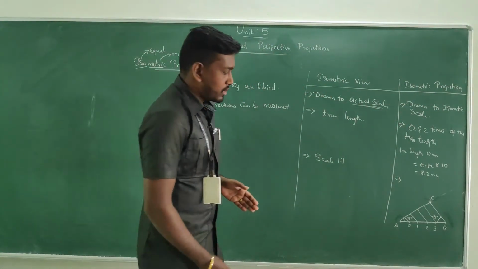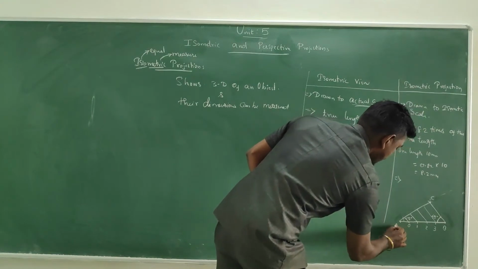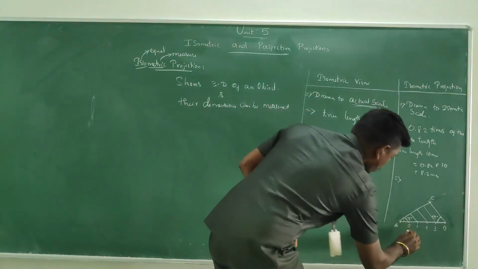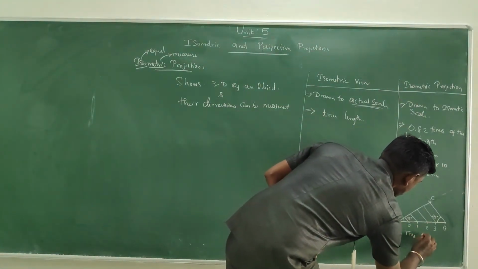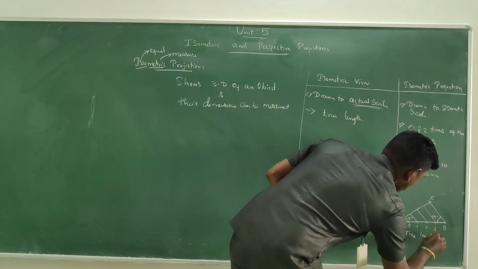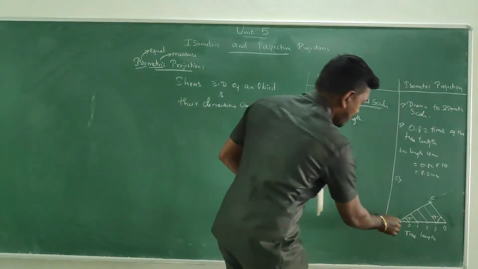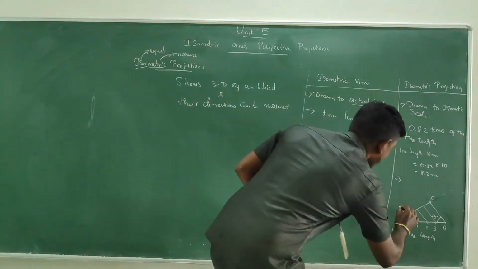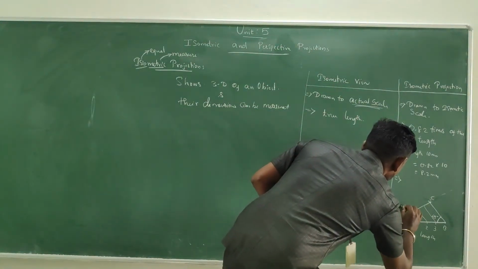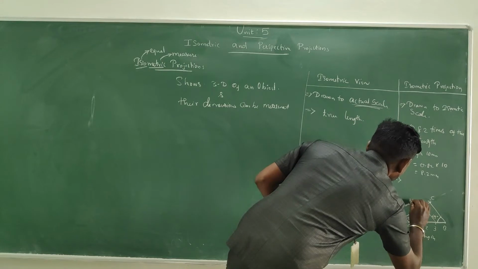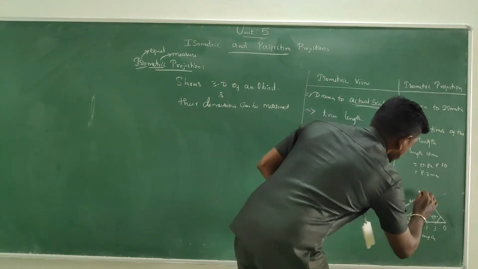The line between A and B is the true length. And the line between A and C is the isometric length.